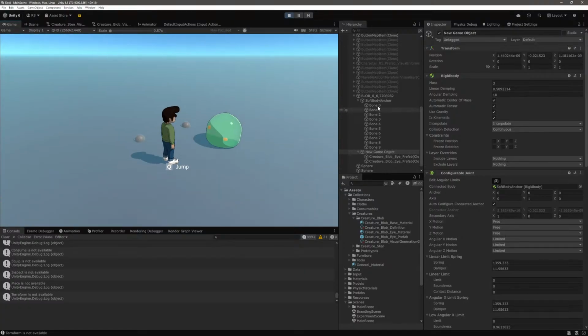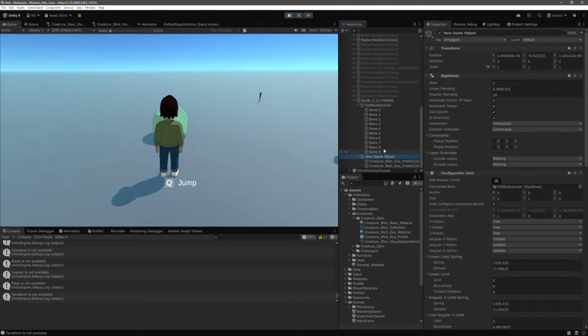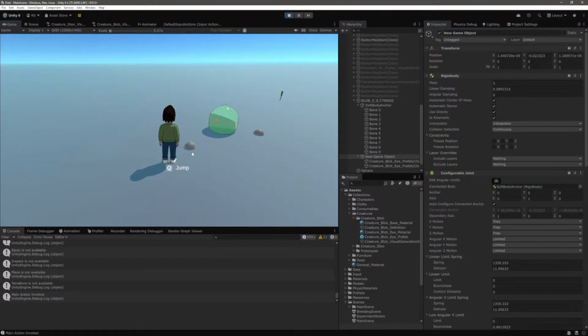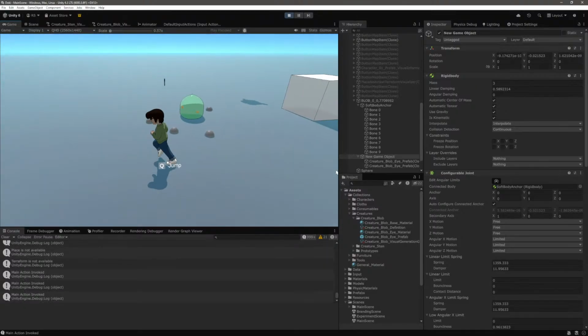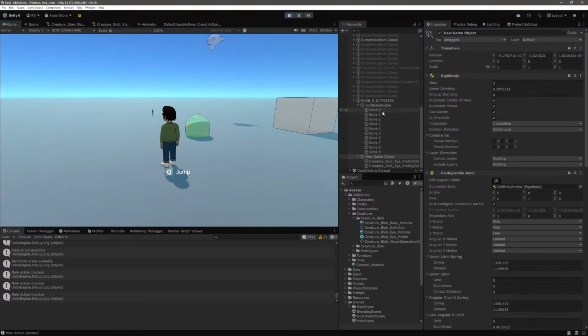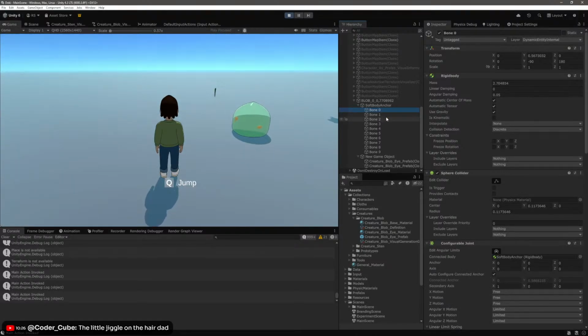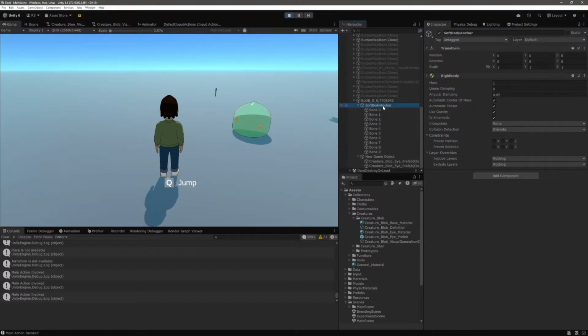Why aren't we getting the full... Angular damping 10. Yeah, I'm starting to think... Let's do.